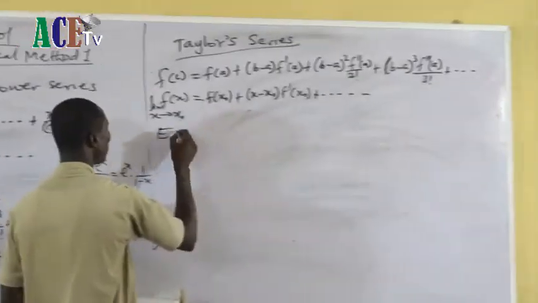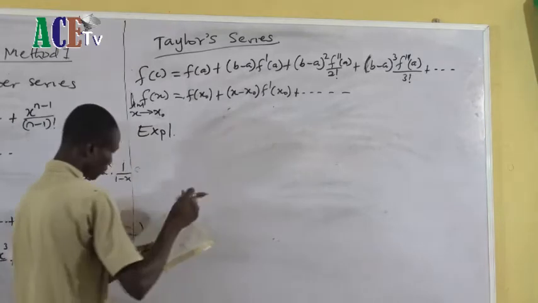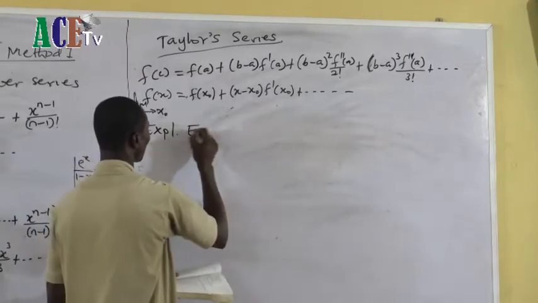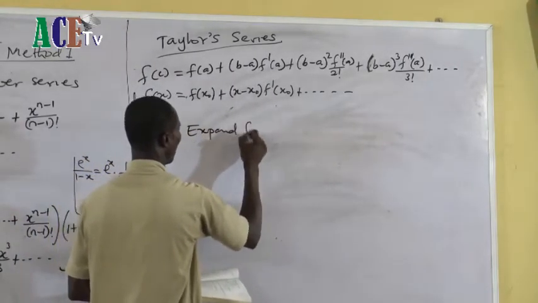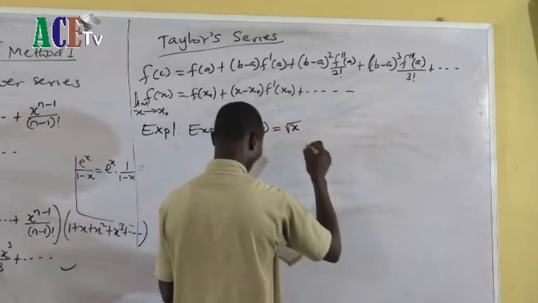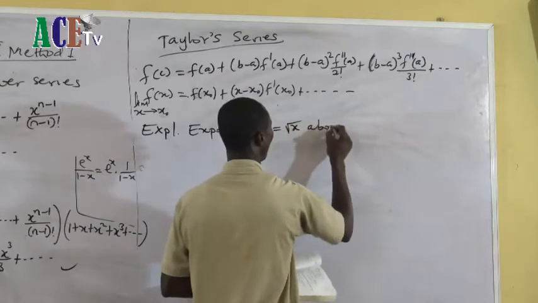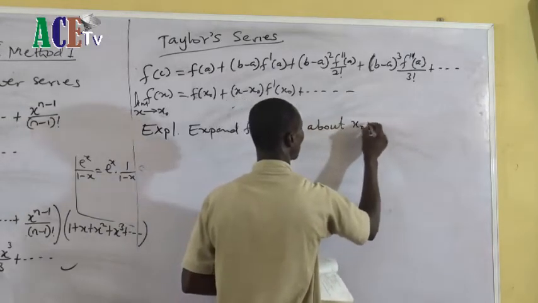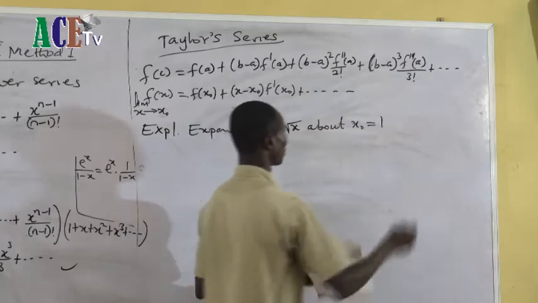Let me see an example. Expand f of x is equal to square root of x about x naught is equal to 1.